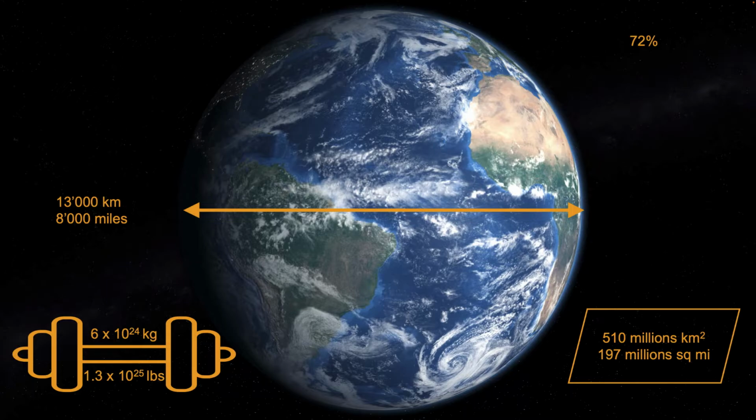Overall, the planet is composed mostly of iron, 32%, oxygen, 30%, silicon, 15%, magnesium, 13%, sulfur, 3%, nickel, 2%, calcium, 1.5%, and aluminum, 1.4%, with the remaining 1.2% consisting of trace amounts of other elements.